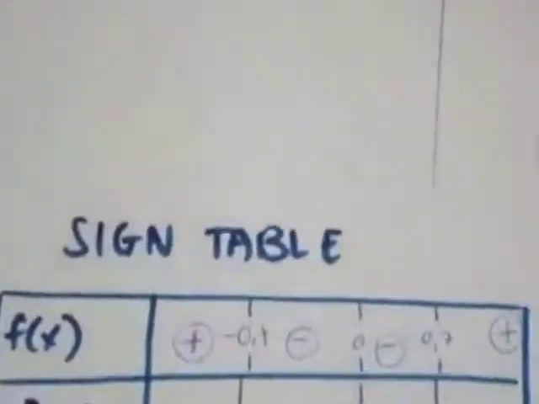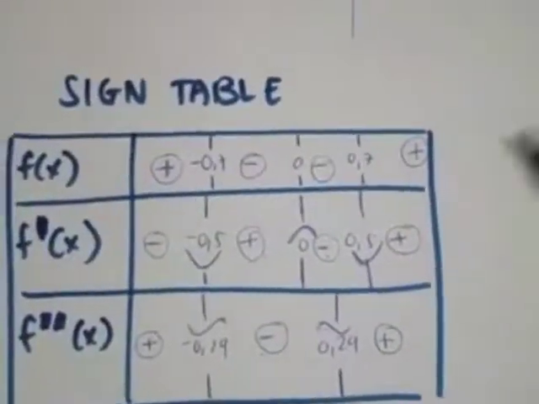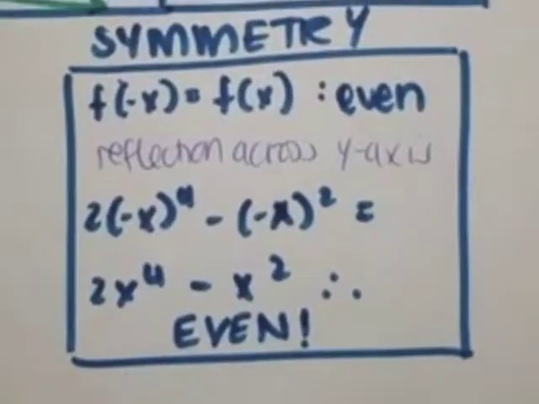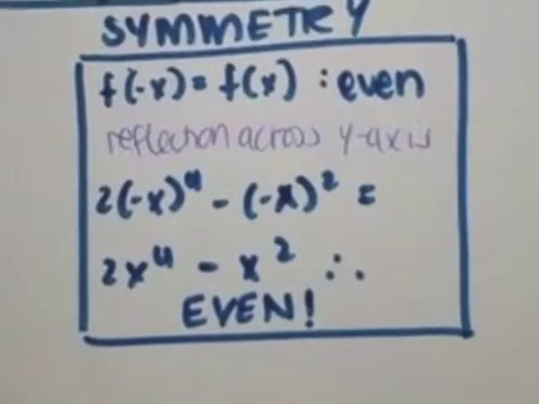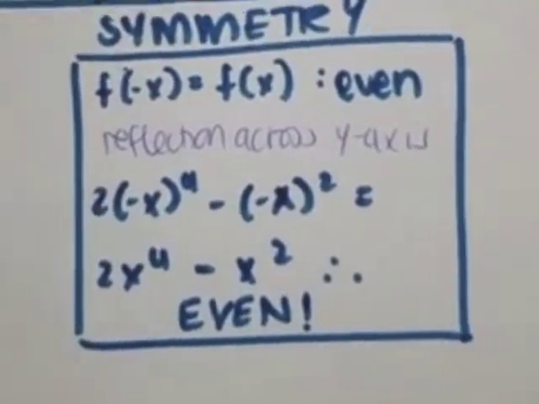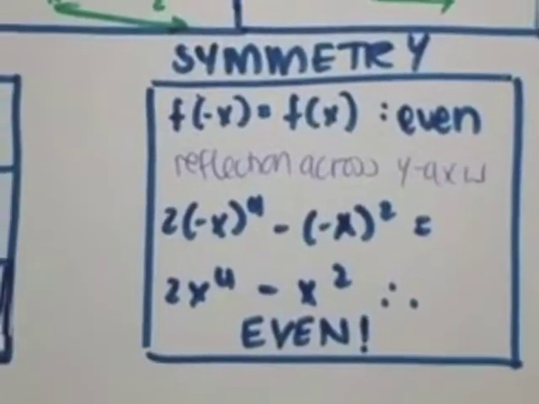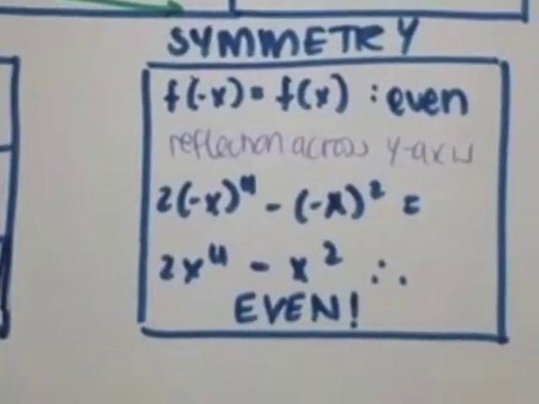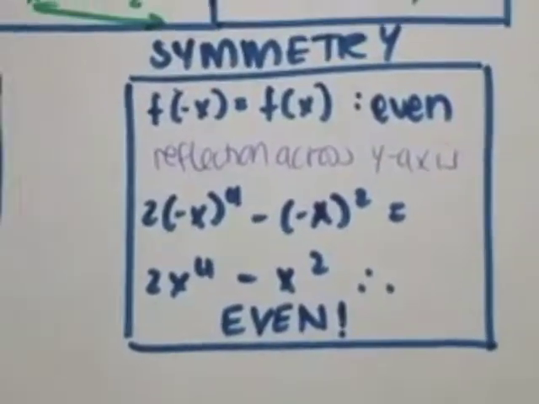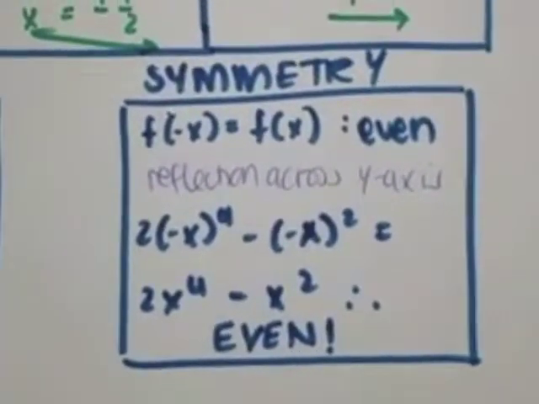And now we can also look at symmetry. When you look at the symmetry of a graph, you are looking for whether it is an odd or an even function. Just as a reminder, to test if a function is even or odd, even would mean that if you put any negative value in for x, it won't change the function itself.